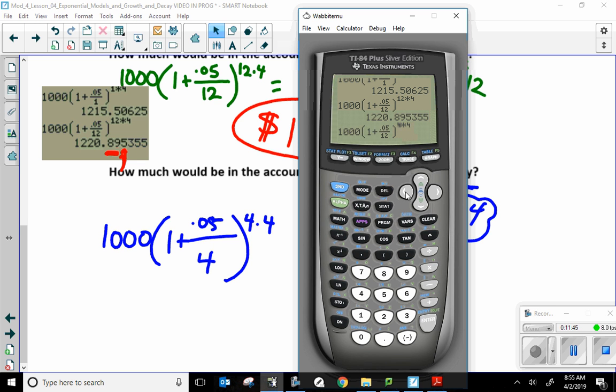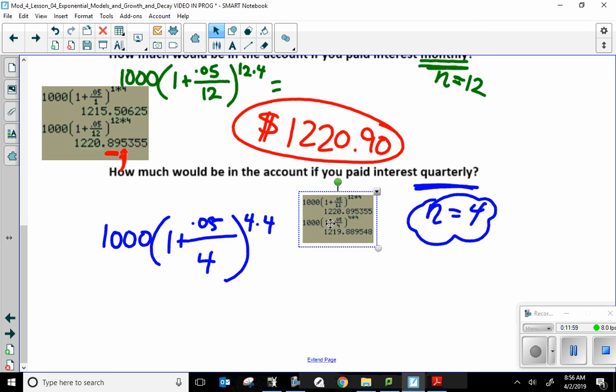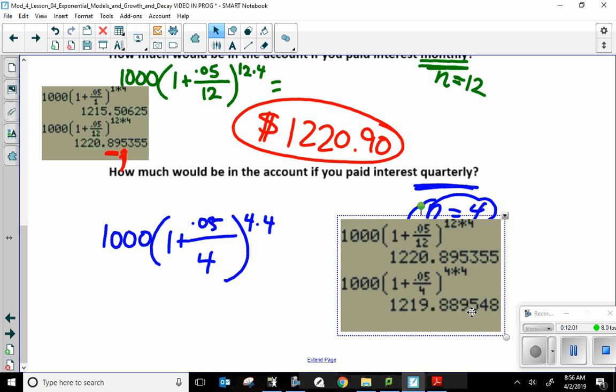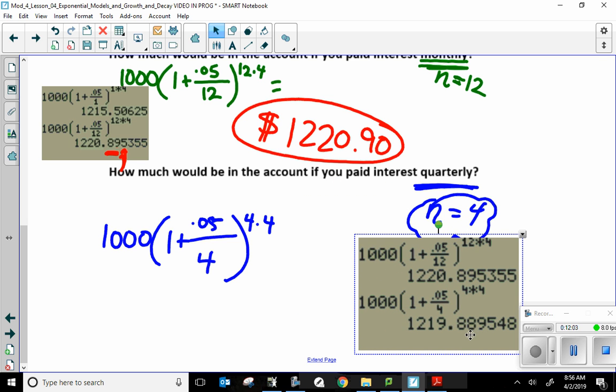You don't want to multiply times 42. That would be majorly different. I'll delete the first one, and I'll put that 2 to a 4. There we go. Everything is exactly as we need it. And now I hit enter. I get $1,219.89. This 8 will round up to a 9 because the number after it is 5 or bigger.